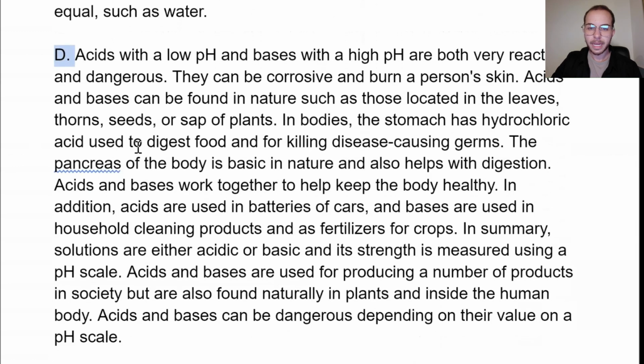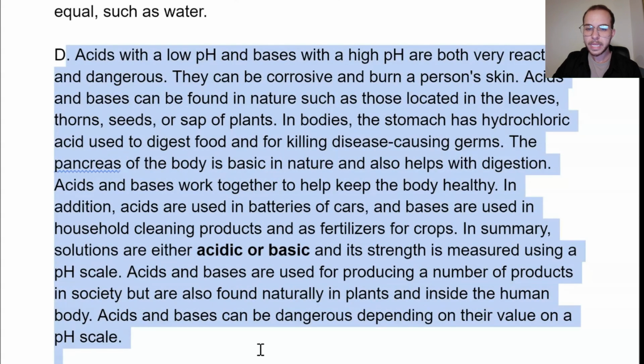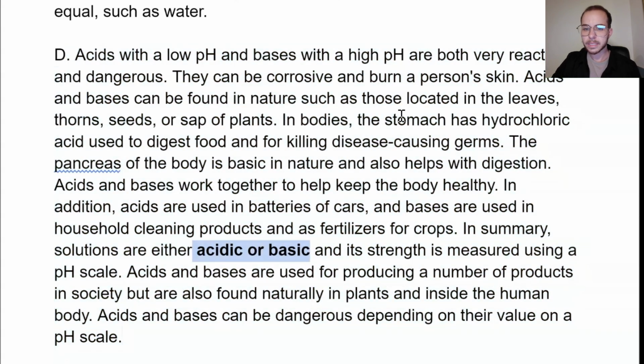Let's do D, last one. Okay. I don't remember a lot of questions coming from here, except for the words acid and bases.